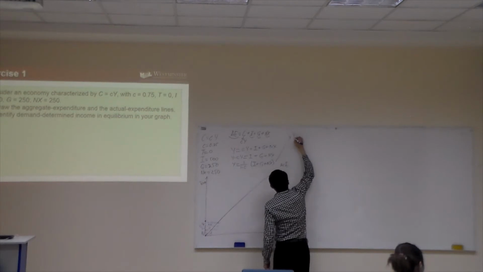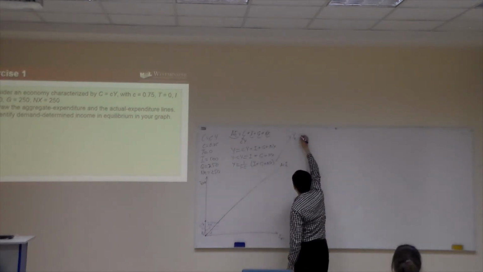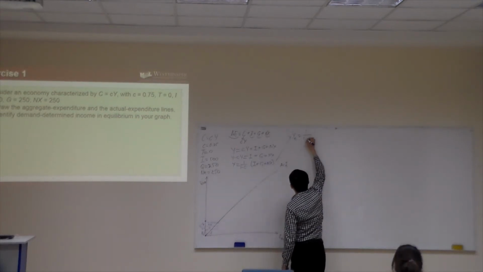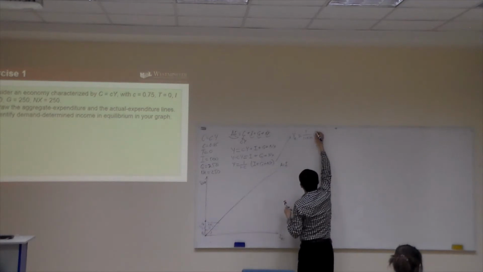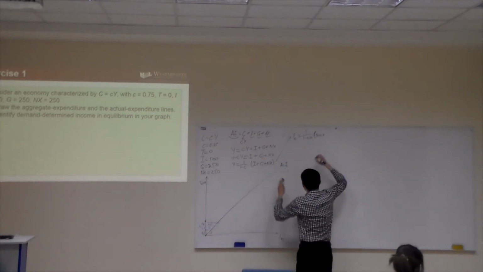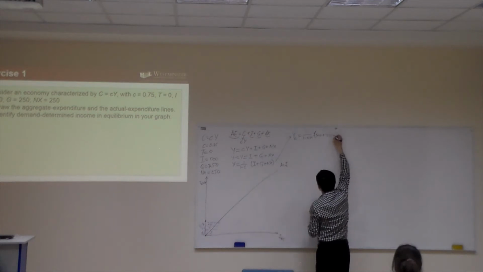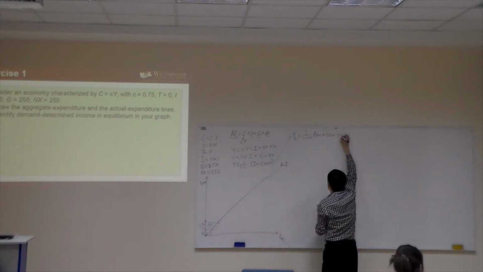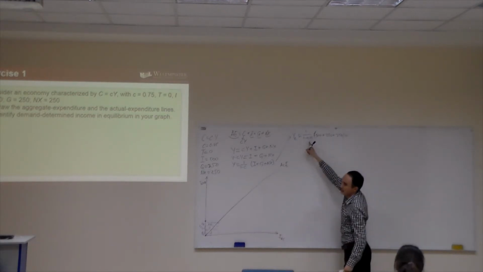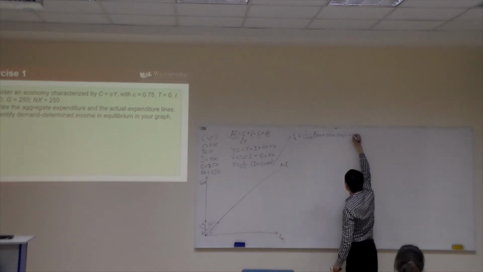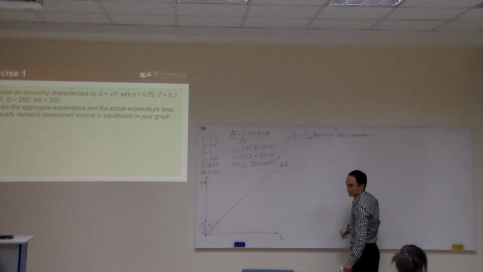Our equilibrium income is equal to 1 over 1 minus marginal propensity to consume, which is 0.75, times investment 500 plus government spending 250 plus net export 250. The multiplier is now 4, right? Times 1,000, which is equal to 4,000.